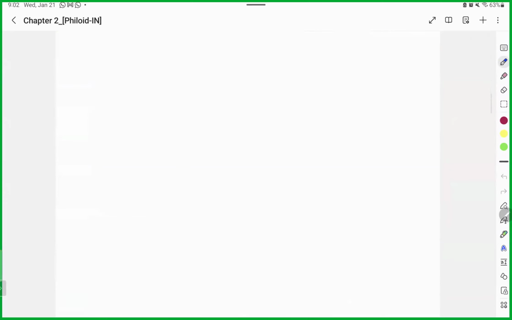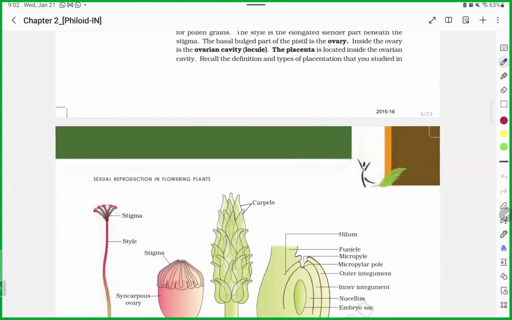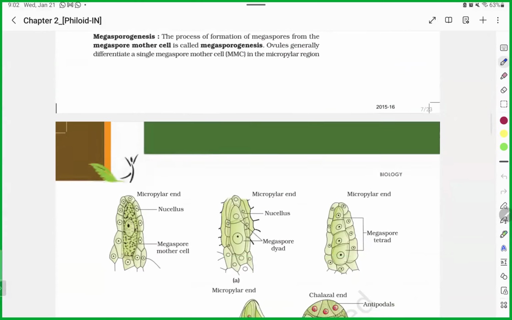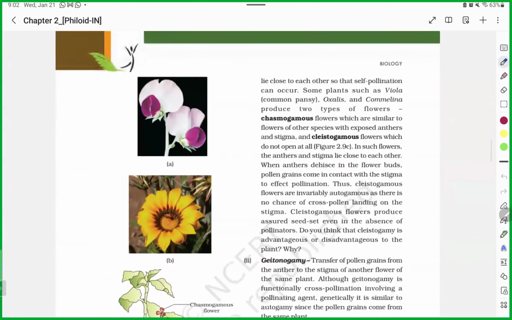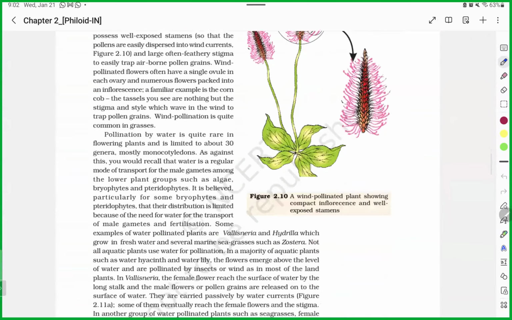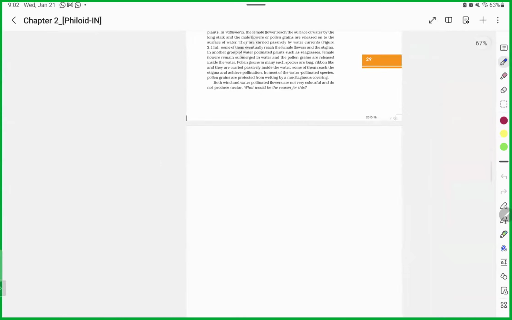Pollen grain. Guys, is this method of learning good or is NCERT line by line good? Tuhina? Yes, sir.